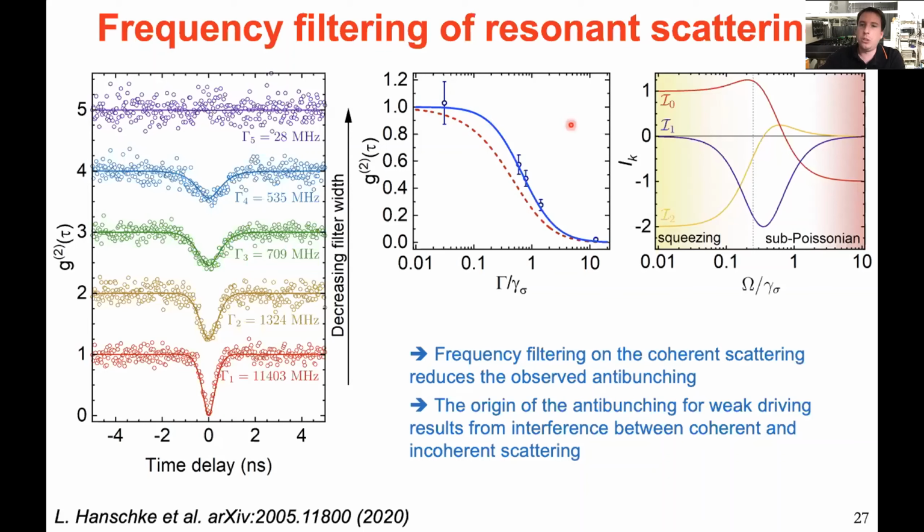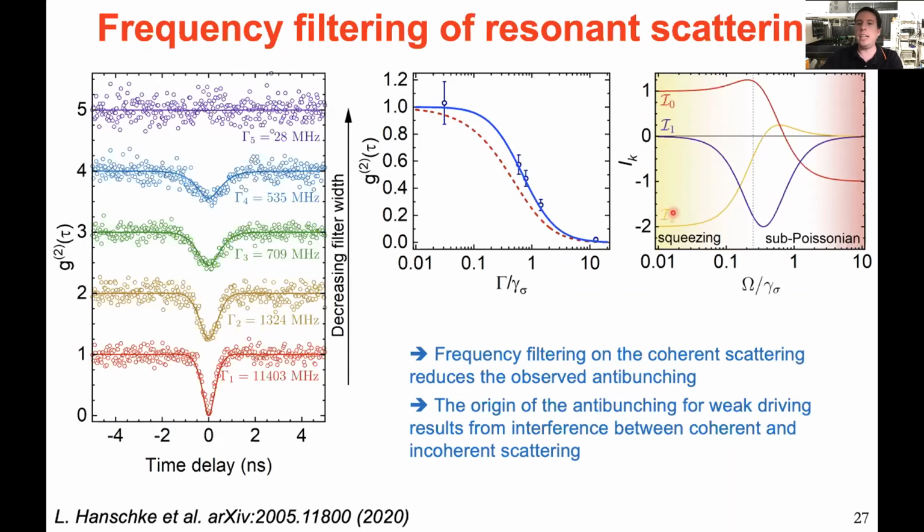What theorists very often do to this end is compose the g2(0) function out of three variables, I0, I1, and I2, where I0 is the sub-Poissonian single-photon emission, I1 is the anomalous component, and I2 is its squeezed state. So here you can see that for strong driving, the component that matters is I0, the emission of photons with sub-Poissonian light.